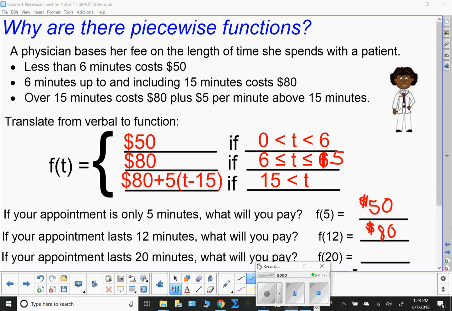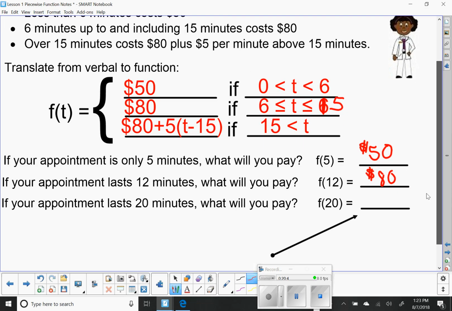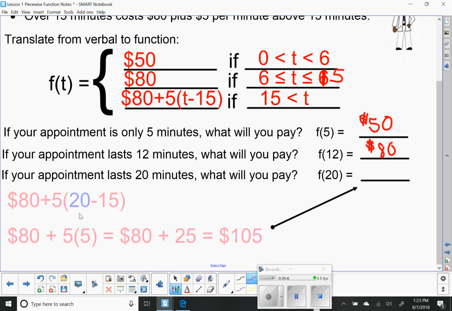Finally, we have 20 minutes. Well, 20 minutes says that they're going to owe 80 plus $5 per minute over 15. So they had a total of 20. Take away the 15 that was covered here, and you wind up owing $105 for your visit. Okay?